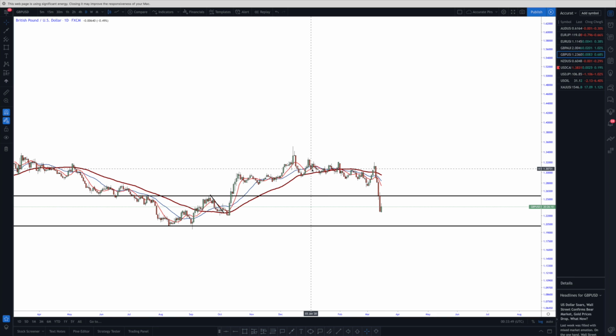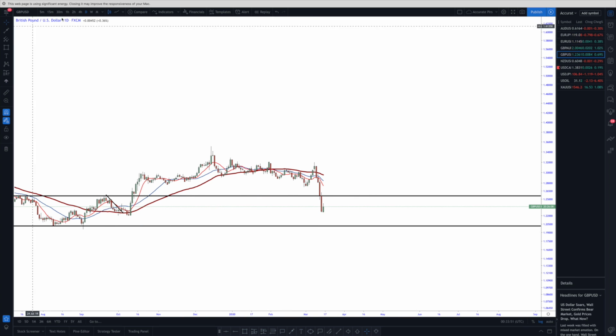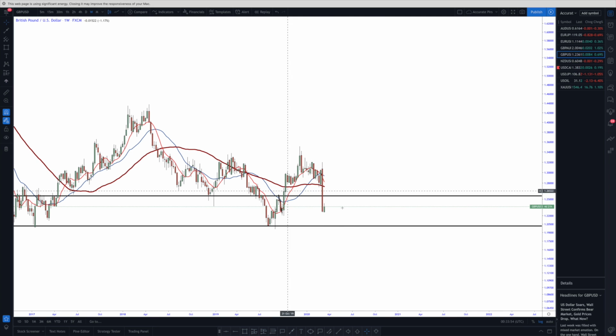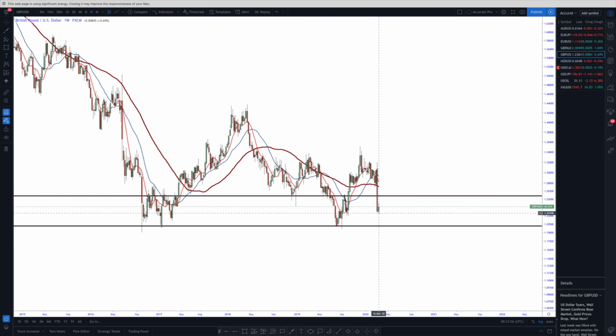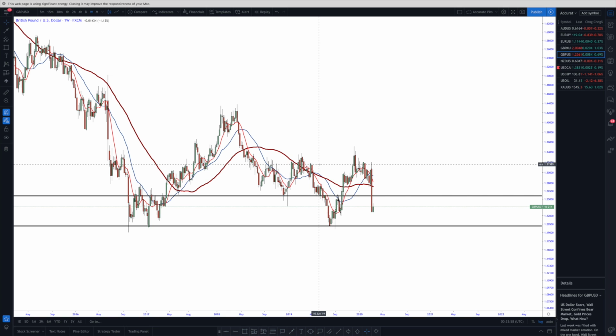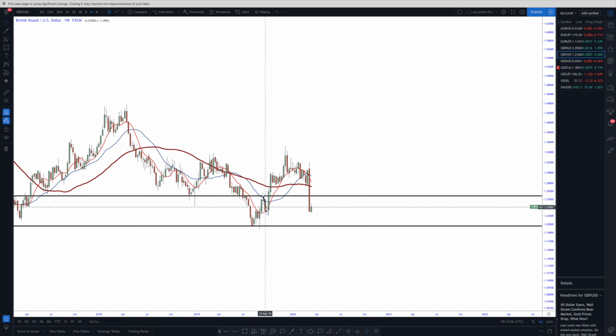With the pound versus the dollar, I'm pretty much just going to monitor it. The big moves happened last week, so not really much. I'm not seeing much on this pair at the moment.